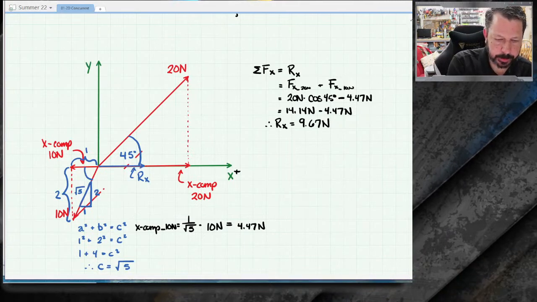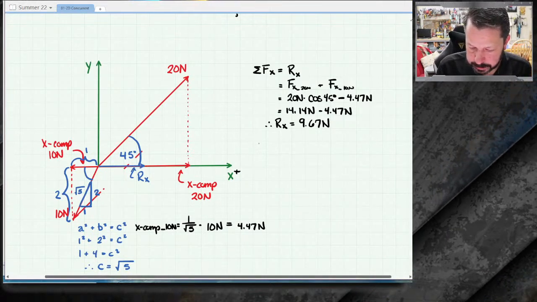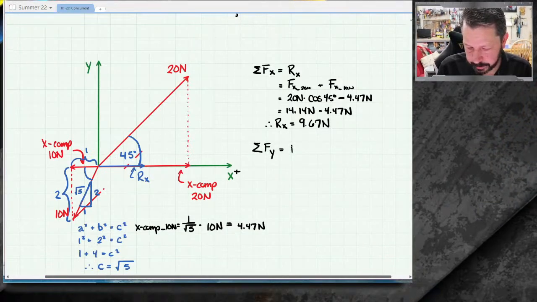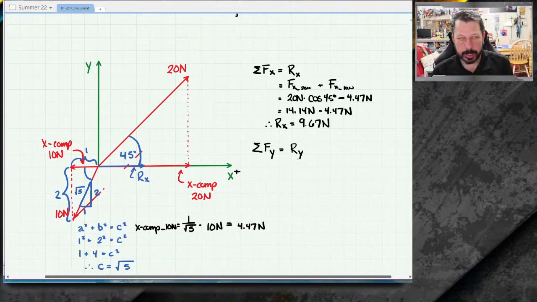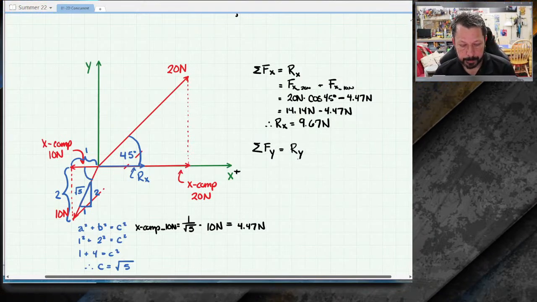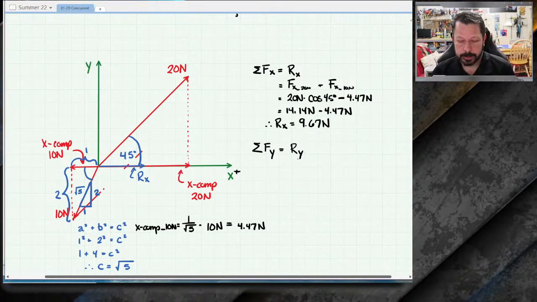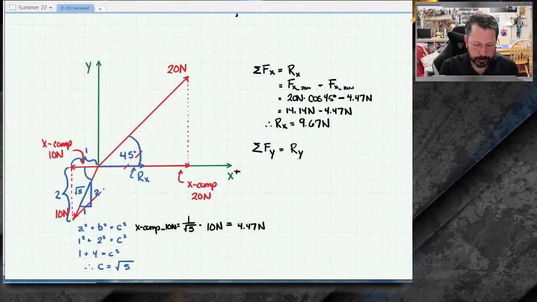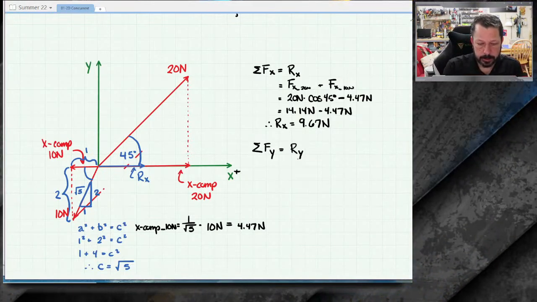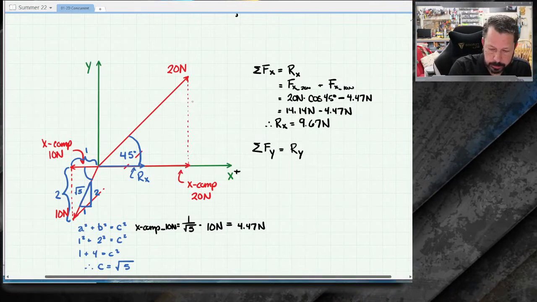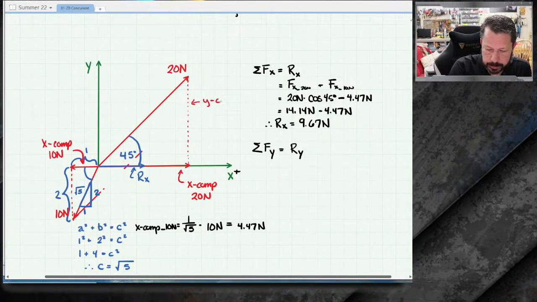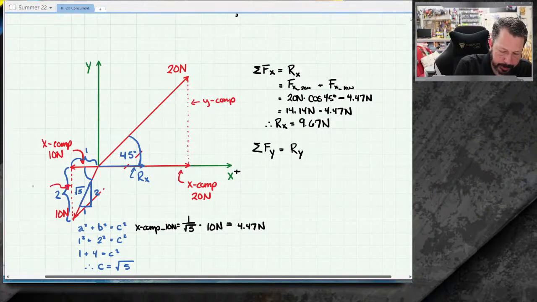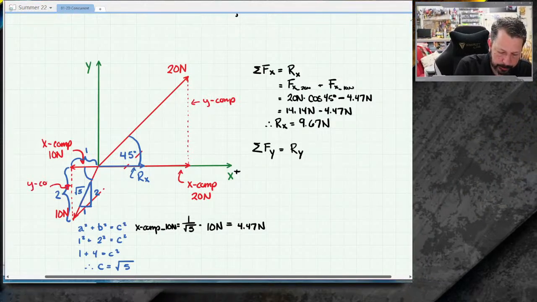All right, so we want to do the same thing, but now the summation of forces in the y direction equals the y component of the resultant of these two forces. Looking at them again, the dotted lines that I drew earlier are the y components. This one is getting really cluttery down here, but this guy is the y component for the 10 Newton.